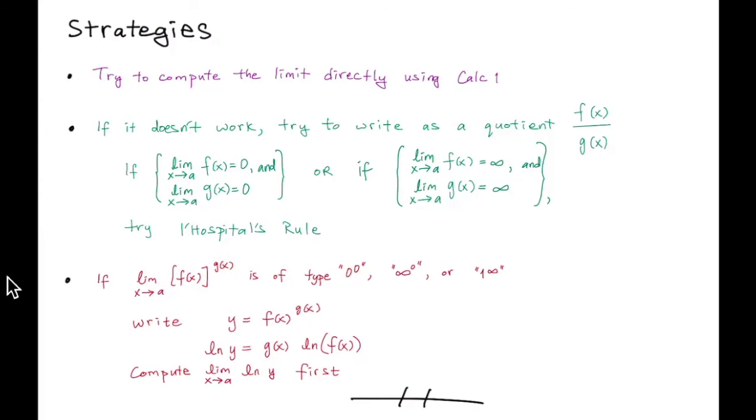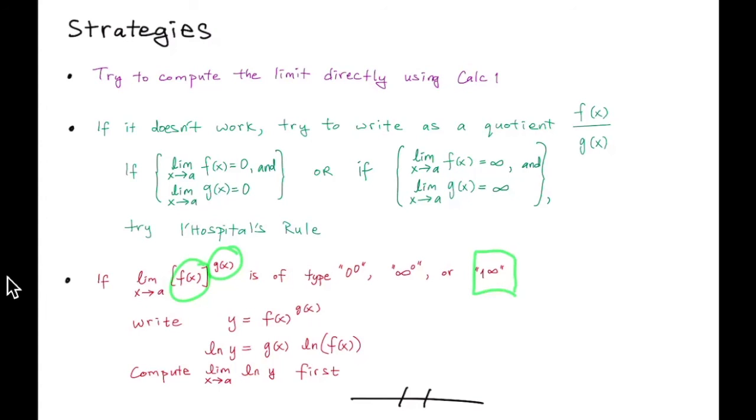But if they are of the situation where f goes to 0 and g goes to 0, so that's the 0, 0 type, or if you have the situation where f approaches infinity and g approaches 0, then it is this indeterminate form. Or if f approaches 1 and g approaches infinity, this is also an indeterminate form. Be careful, the answer is not going to be 1 usually.